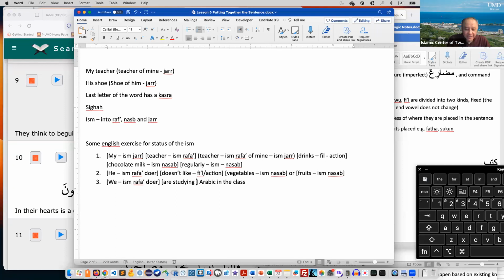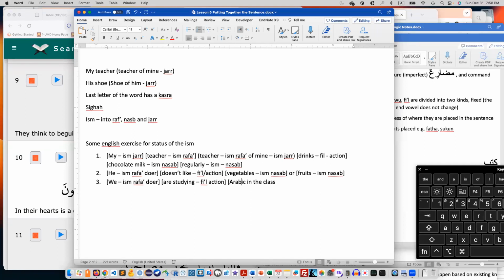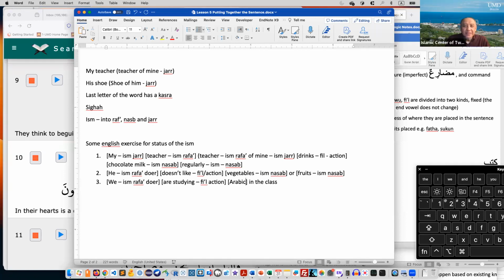So our "studying" is the fi'l, the action. Just remember that. So fi'l does not have rafa, nasab or jar. Okay. Arabic is isim nasab. Very good. So this is isim and this is nasab.